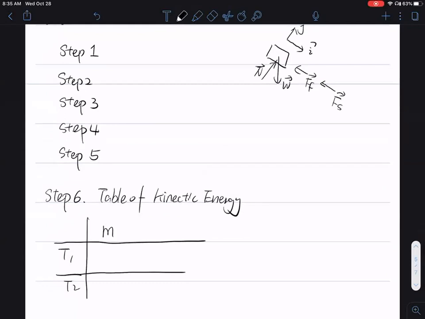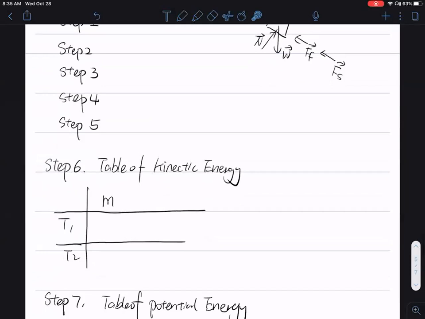So step 6, you should build a table for kinetic energy. But before you do that, you want to ask yourself, where is position 1 and where is position 2? Because in our kinetic energy, we have T1, T2. You have to figure out where's position 1, where's position 2. So the initial point is always position 1.